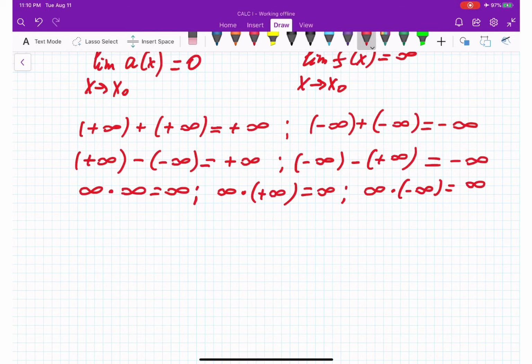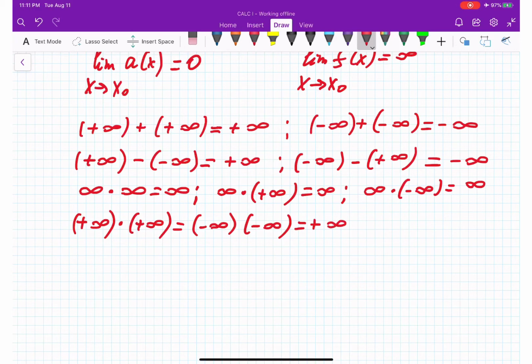Next, positive infinity times positive infinity equals negative infinity times negative infinity, because positive times positive is positive, and negative times negative still gives you positive infinity.